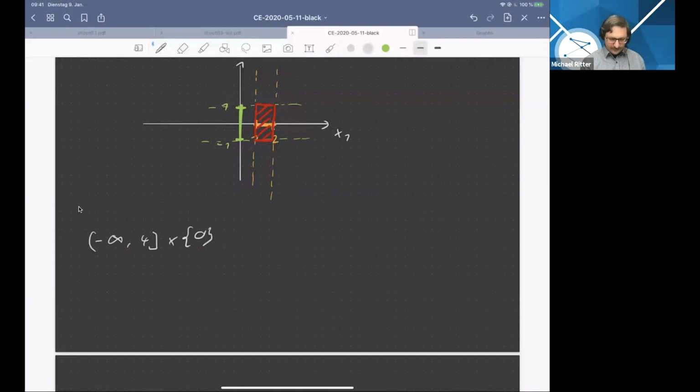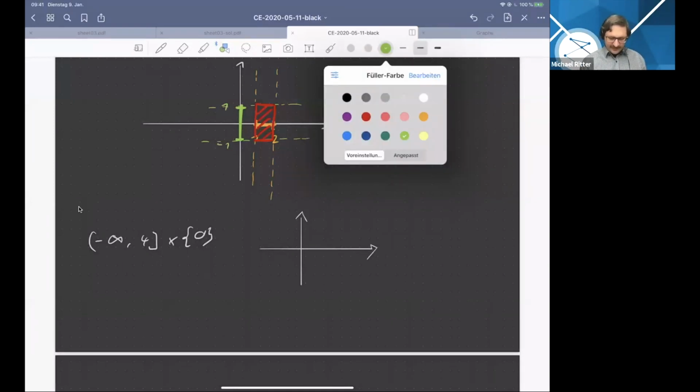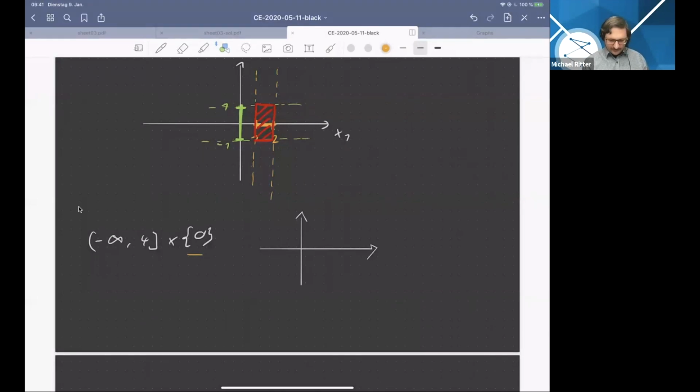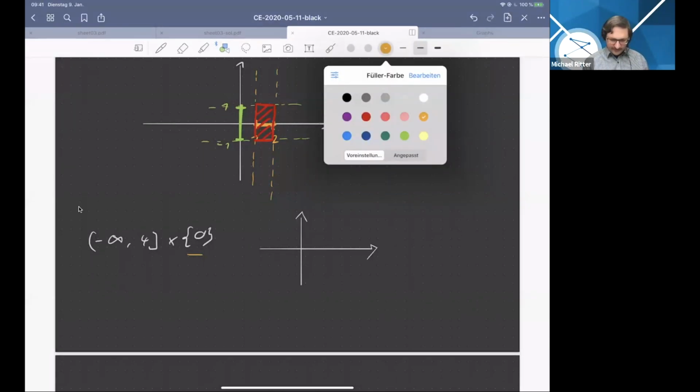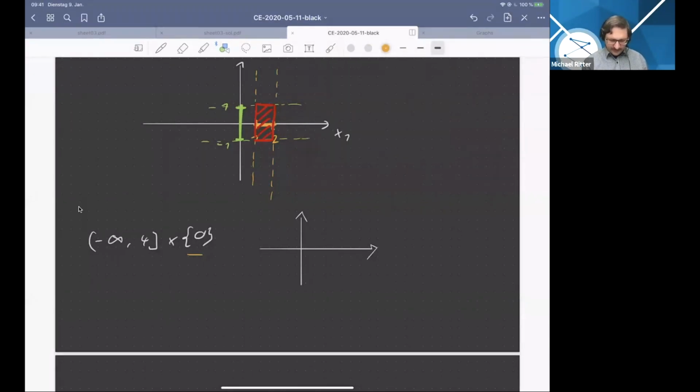So again, if I draw that, then the second coordinate is always 0. So that means the x2 axis will always have a value of 0. Just this one point is allowed.